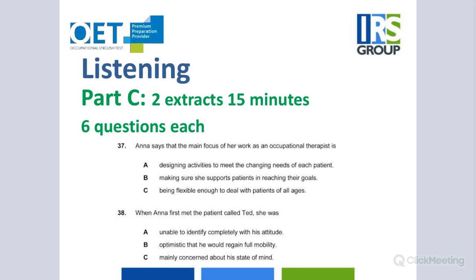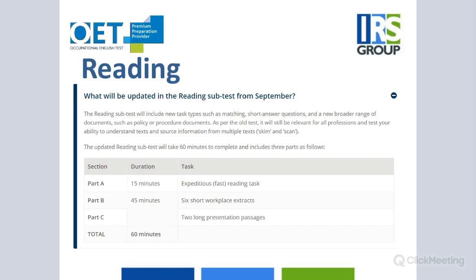Okay, so let's quickly move on to the reading part then. Coming to the second module, that is reading. As I said in the beginning, what is OET expecting from reading?